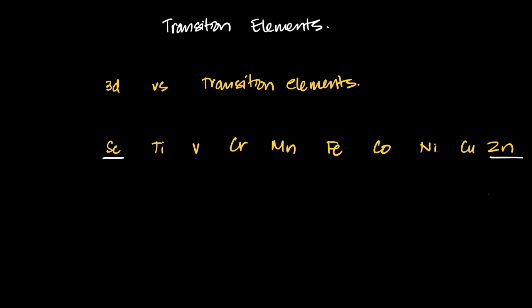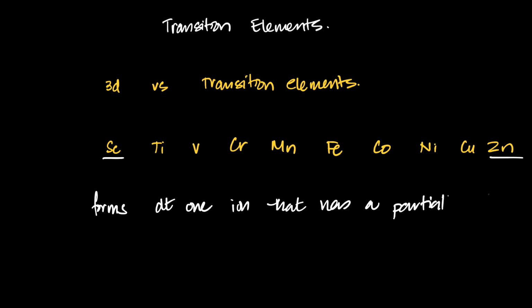So let me repeat that. This is found in the second slide of your notes. A transition element is a transition element when it forms at least one ion, not all, but at least one ion that has a partially filled d orbital.